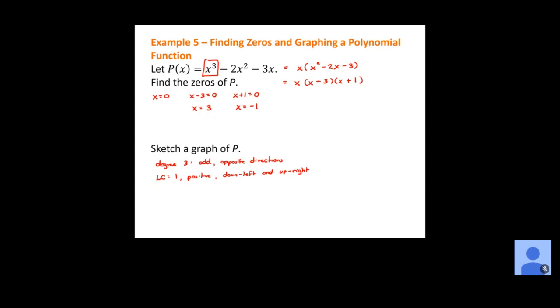All right, so now that we have our zeros and we have our end behavior, now we can sketch this. So I'm plotting my points -1, 0, and +3.